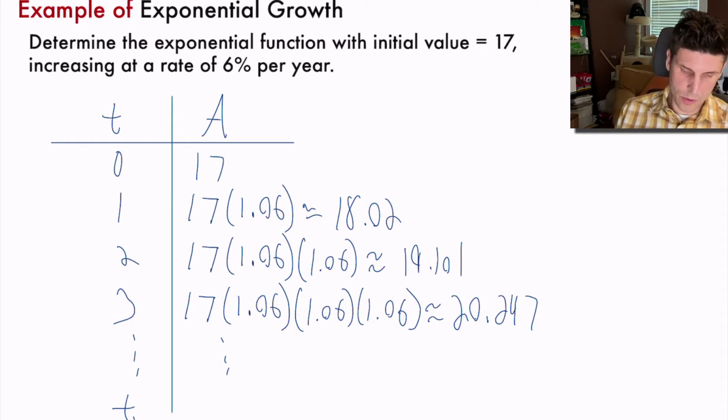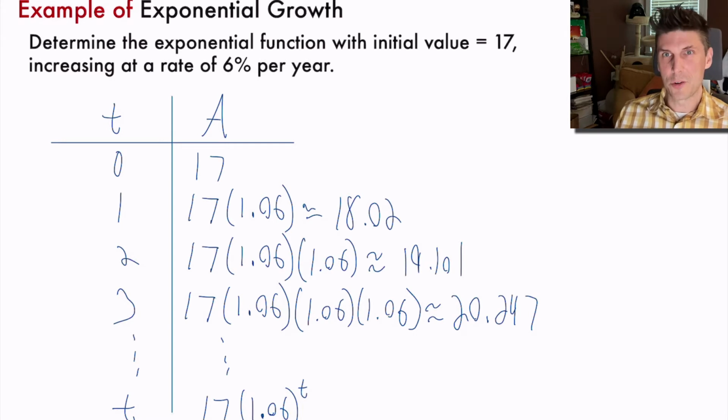Welcome back. So here we have our initial amount, and that's going to be times 1.06 to the t power. Okay, so let's test that out. We know that after 3 years we had 20.247 when we wrote that down, right?